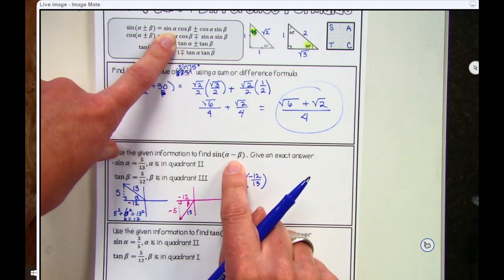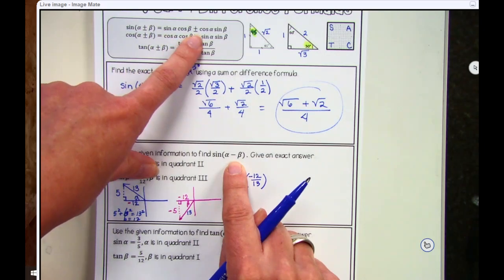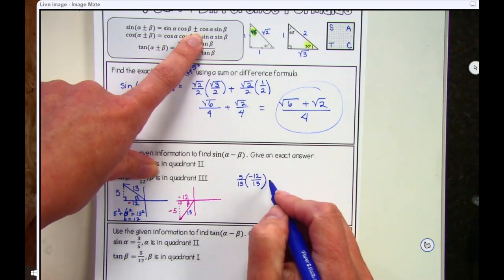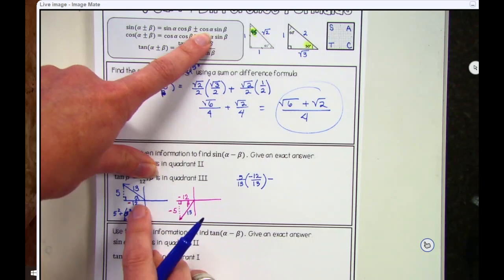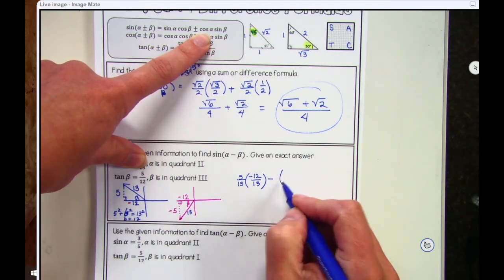And we're doing minus. So minus says we're going to minus cosine of alpha, cosine adjacent over hypotenuse.